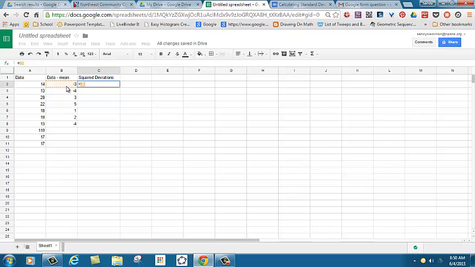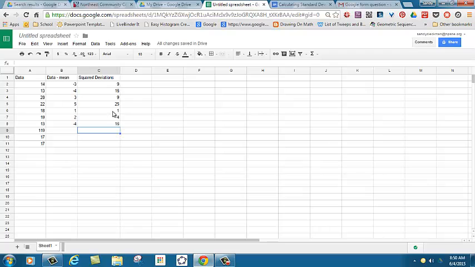In math it's just the caret key, which is the number above your 6 key, just go shift 6 and then 2. Then that squared -3 gave me 9. So if I pull that formula down, I can check -4 squared is 16, 3 squared is 9, 5 squared is 25, and it's squaring each one of those numbers.